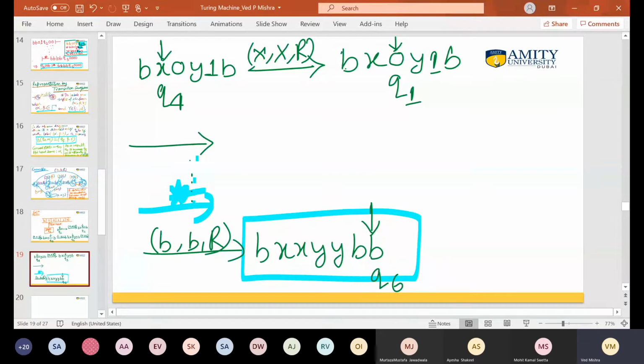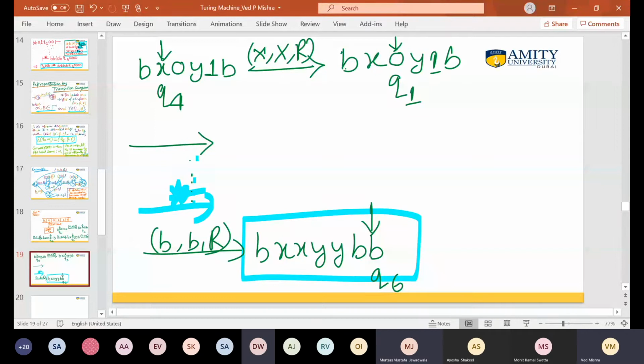Is anyone having any confusion in this? Are you facing a problem to complete this? So you can see once you have reached this stage Q6 B, do you have any input further, or are you halting? Your machine is halting here.